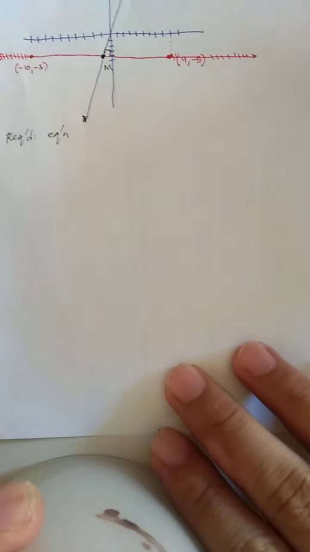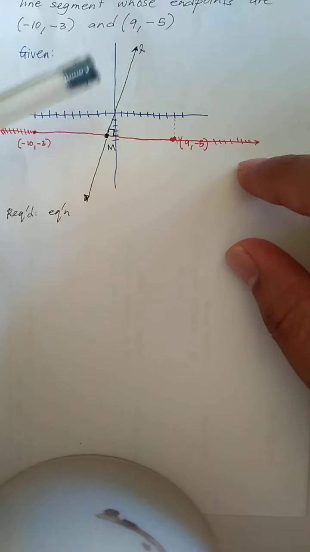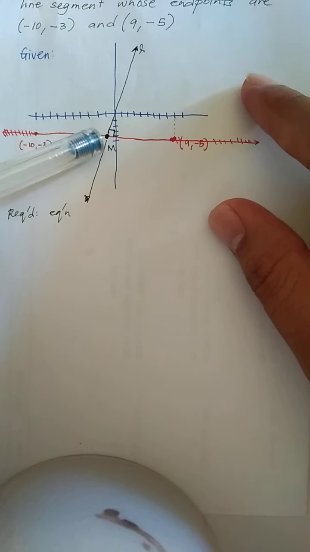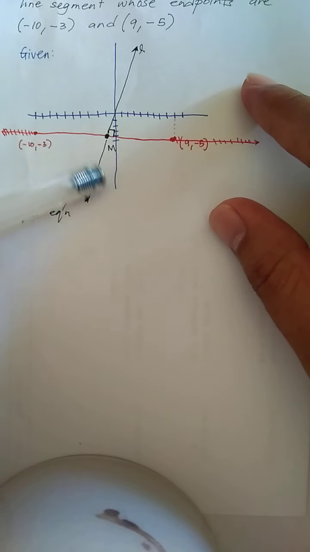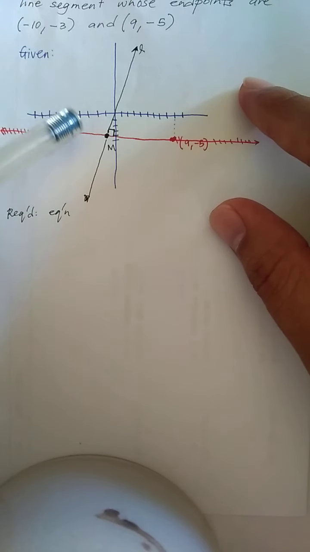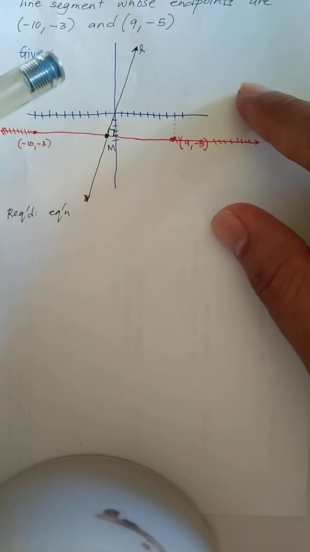For our solution, what we know about the perpendicular bisector is that it passes through the midpoint and is also perpendicular. So we need to identify the midpoint first. That would be a point on that line, and then the slope.